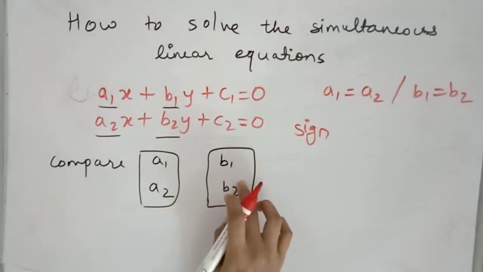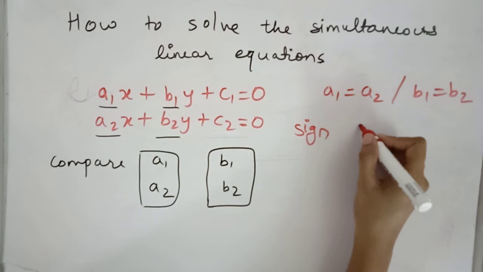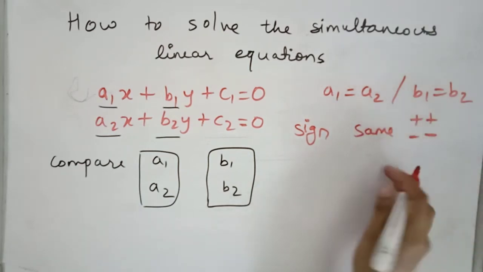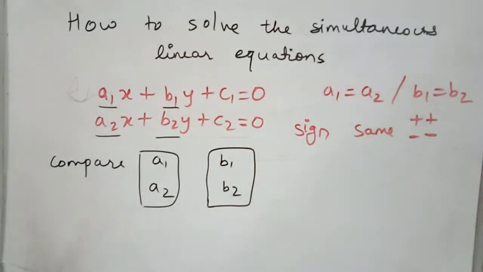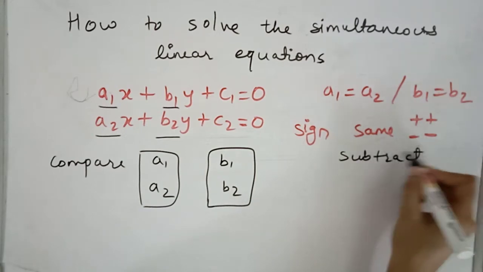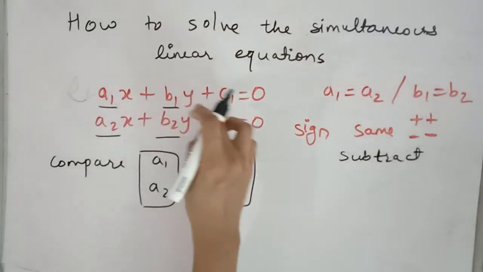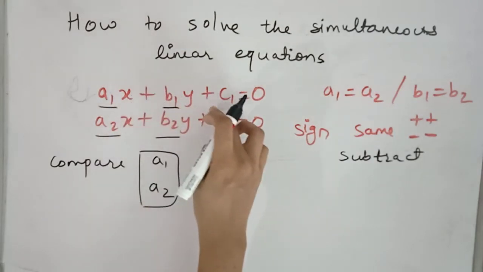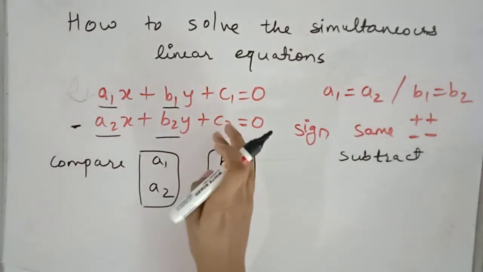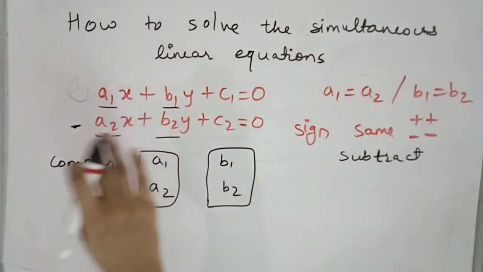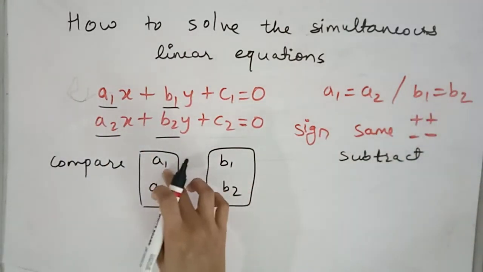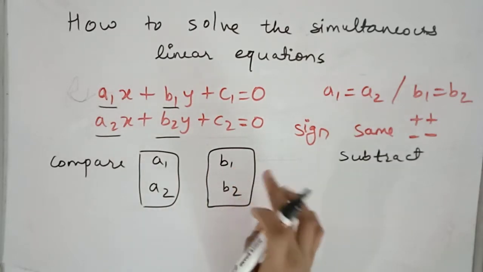If the signs are same, that is both are plus or both are minus, we will subtract the equations. We will subtract a1x plus b1y plus c1 from a2x plus b2y plus c2 equals 0. We will subtract both the equations if the signs are same for a1, a2 or b1, b2.